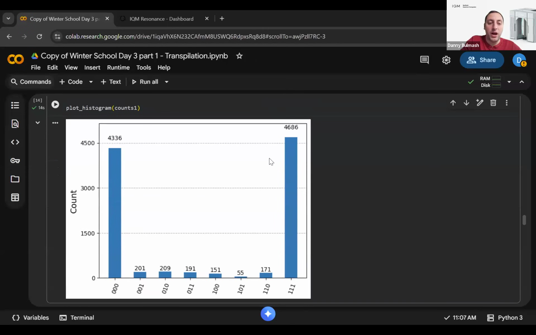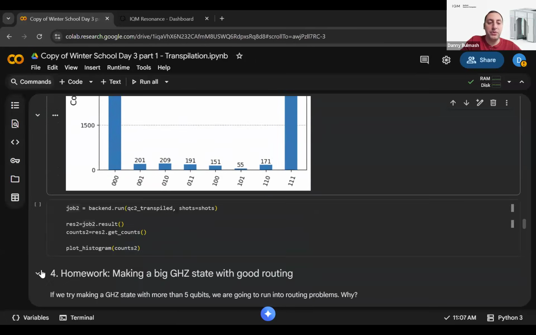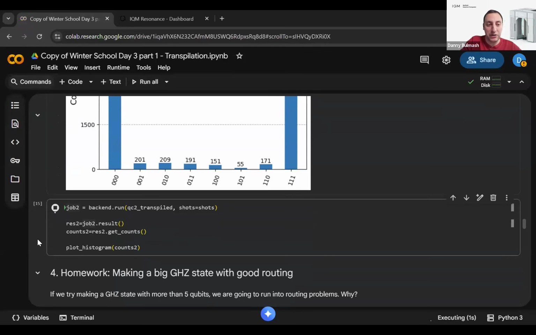There we go. Okay, so we see that in the 0, 0, 0 state, we have about 4,300 counts, and in the 1, 1, 1 state, we have about 4,700 counts, with the rest of them being noise. So let's see what happens when we run on the qubits that we think are better. We're going to do exactly the same thing. That's about 950 noise counts.